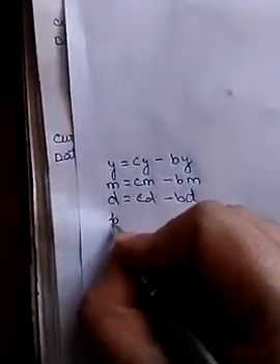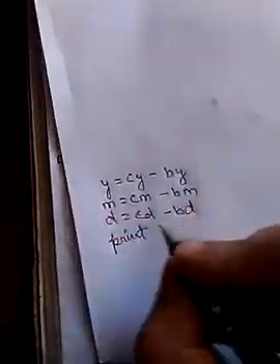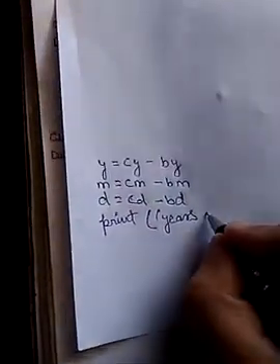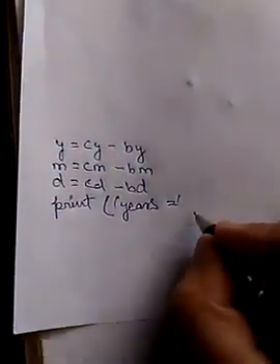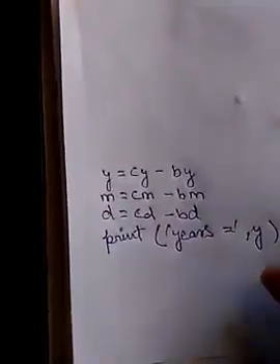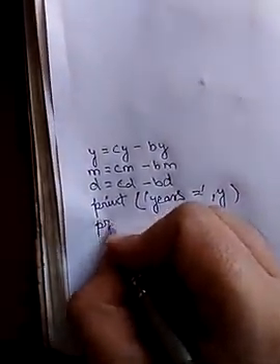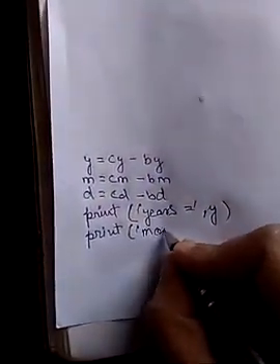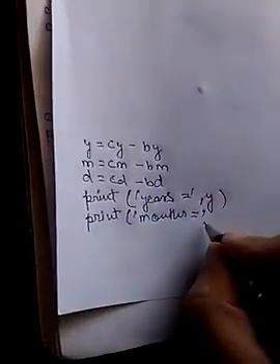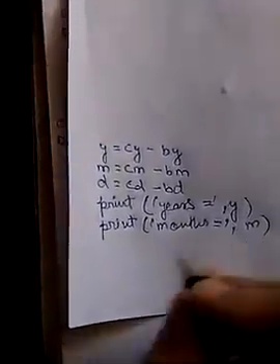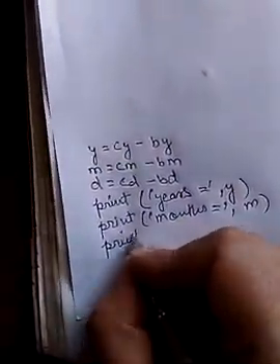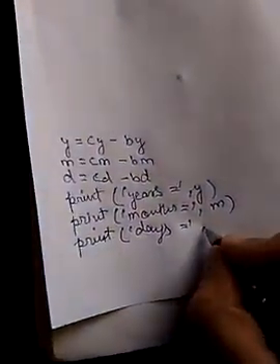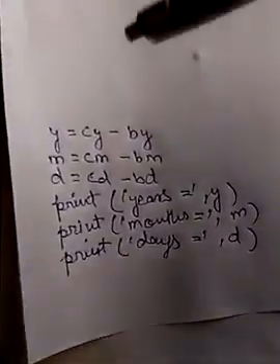After that, we will print years is y, print month is m, print days is d. So this is the main logic.